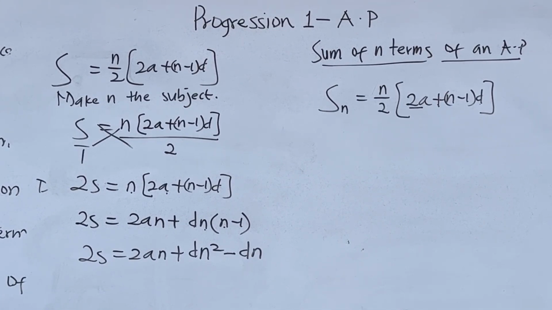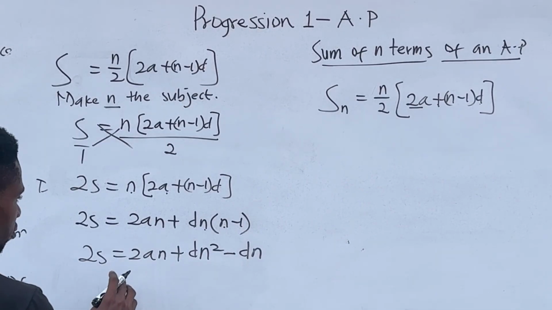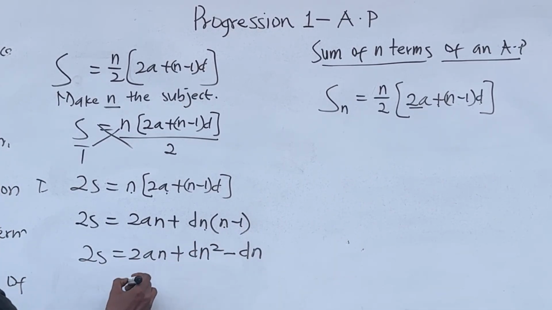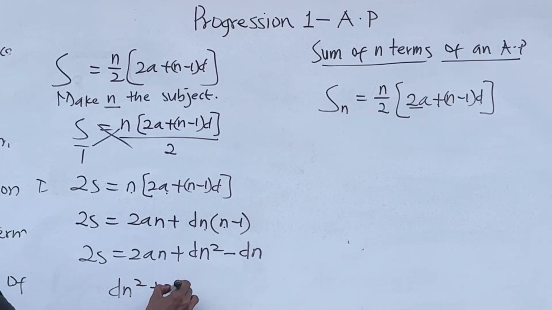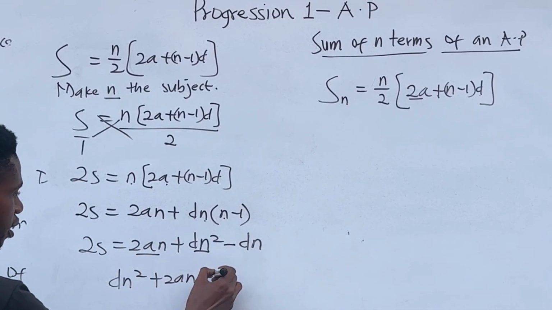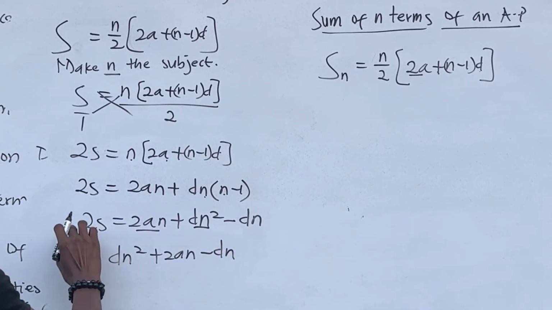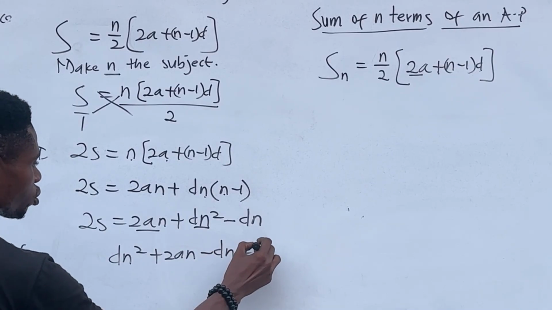Okay? So from here, remember we're trying to make n the subject. So let me arrange this way. So dn squared plus 2an minus dn equals 2S.